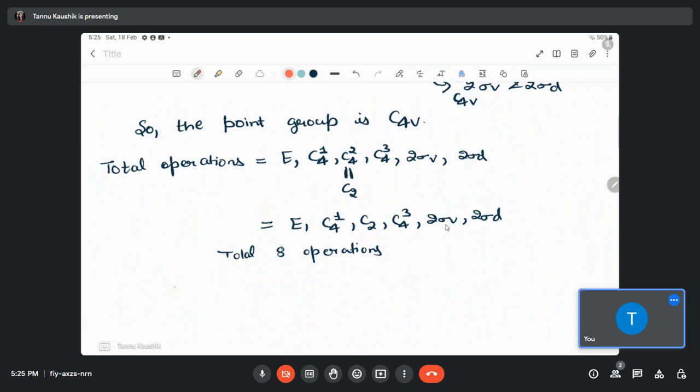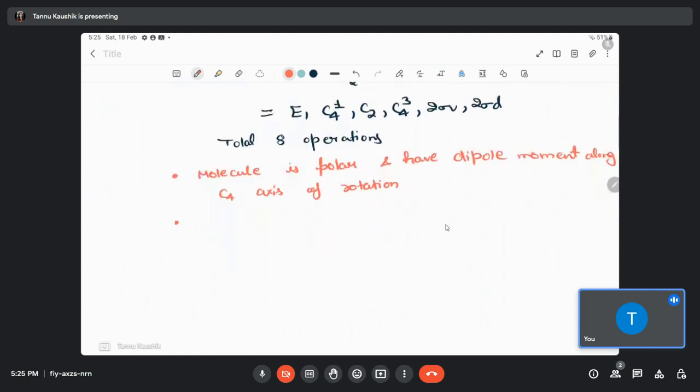So the molecule is polar and has a dipole moment along the C4 axis of rotation, which is the principal axis of rotation of this molecule.